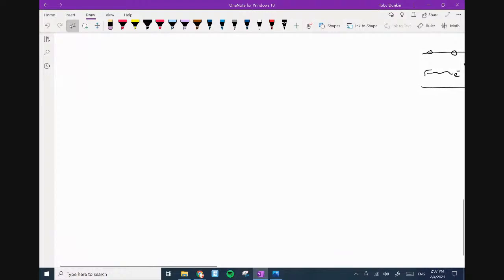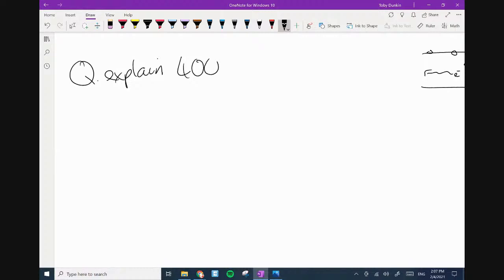So if we were to explain the high melting point, now guys, you're going to have a leap of faith for me here. So question number 3, explain the 4,000 degree melting point of graphite.